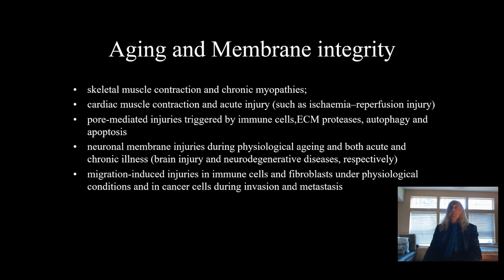Neuronal membrane injuries also occur during physiological aging and both acute and chronic illnesses. So some acute brain injuries, obviously, and then the neurodegenerative diseases, Alzheimer's, Parkinson's. Right? Migration-induced injuries in immune cells and fibroblasts under physiological conditions and in cancer cells during the whole invasion metastasis process. That's also going to corrupt membrane integrity.